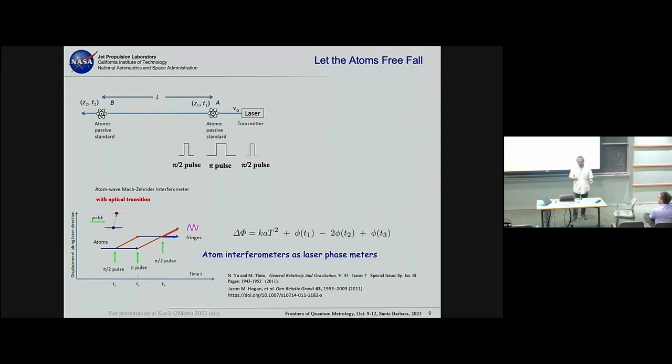If you have a drag-free system, then this acceleration goes away and you just have a pure phase meter. On the other hand, if you don't have a drag-free system, it gives you a tool to measure the acceleration, say, relative to a drag-free atom interferometer. I'll talk a little bit more about that later on.